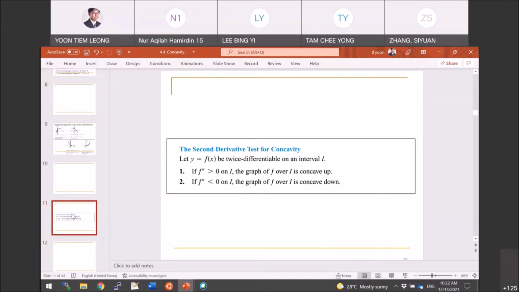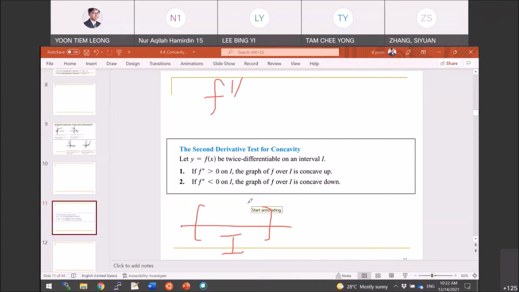So let me see if I can draw what I meant by that. Say you have a function within some interval I, and you monitor f prime prime.